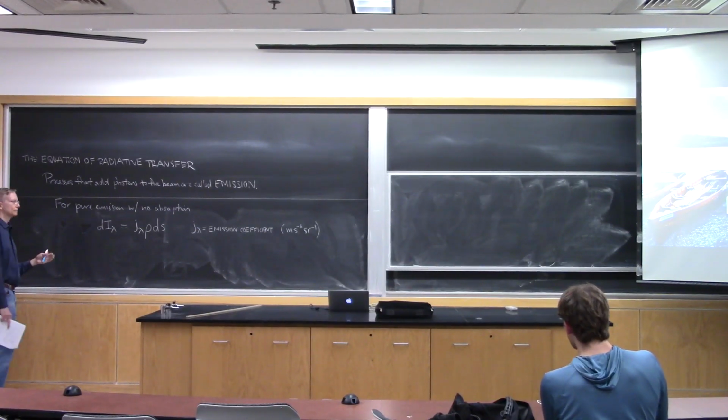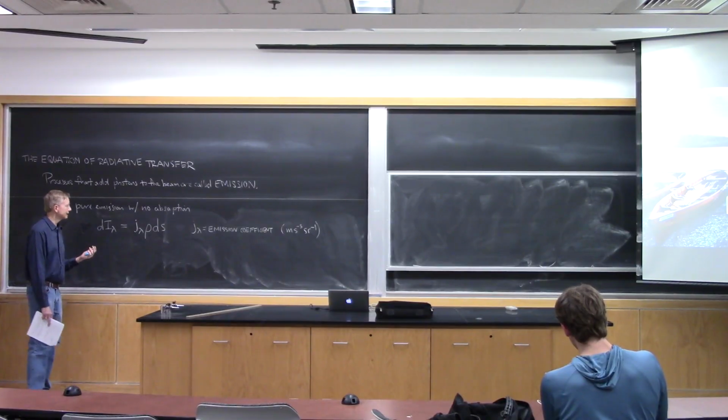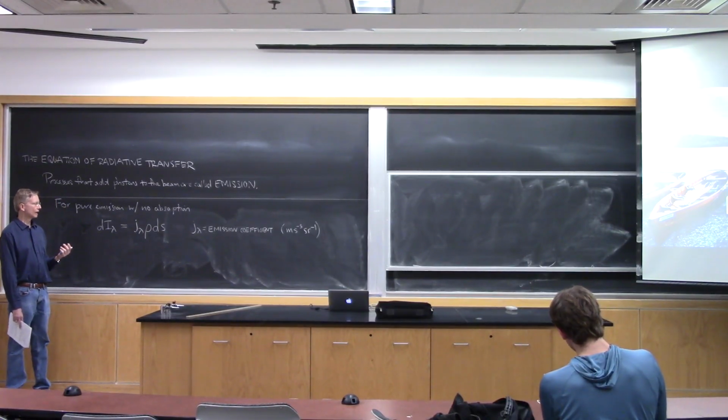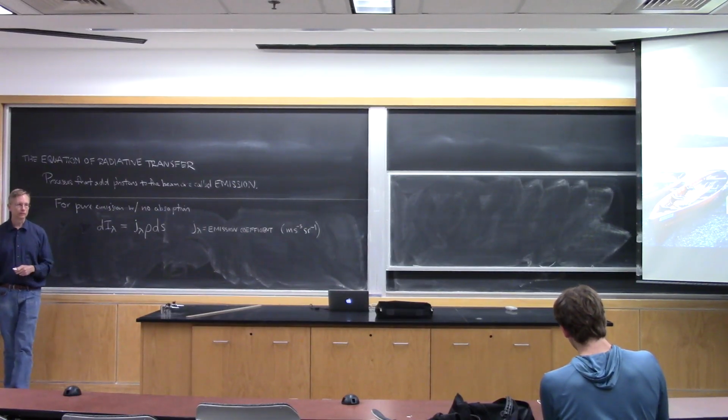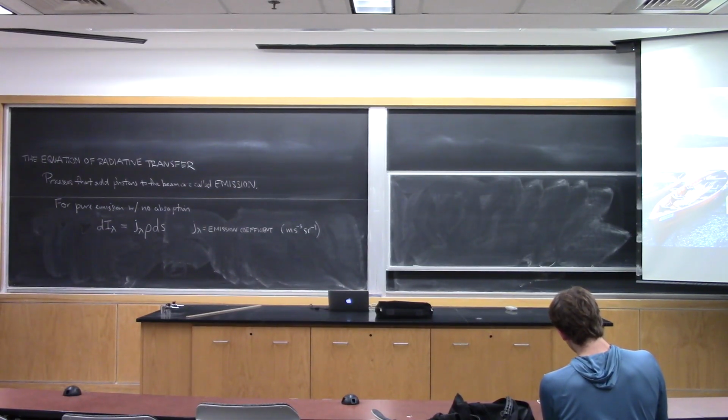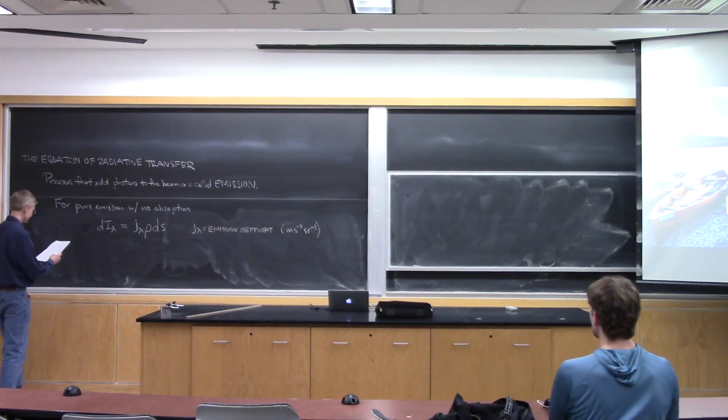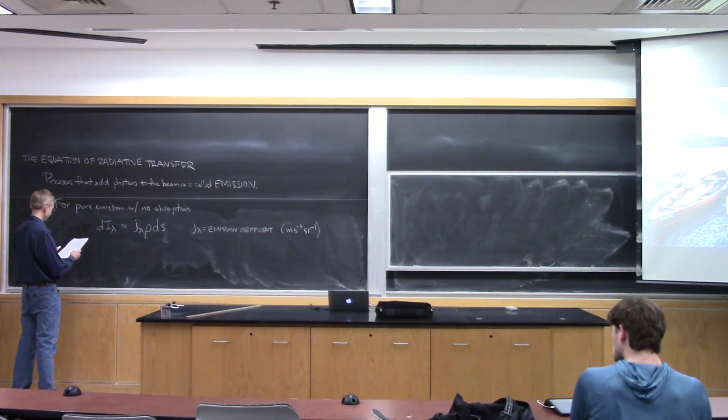But here we're talking about the material emitting photons that weren't there already, and so there's no I_lambda this time. There's no particular reason to have a proportionality to I_lambda, and so it's just dI_lambda is J_lambda rho ds.